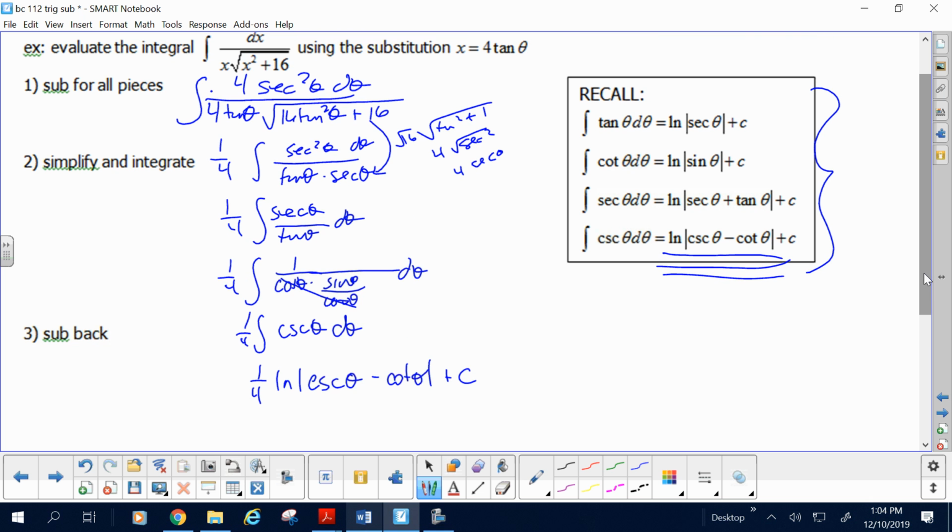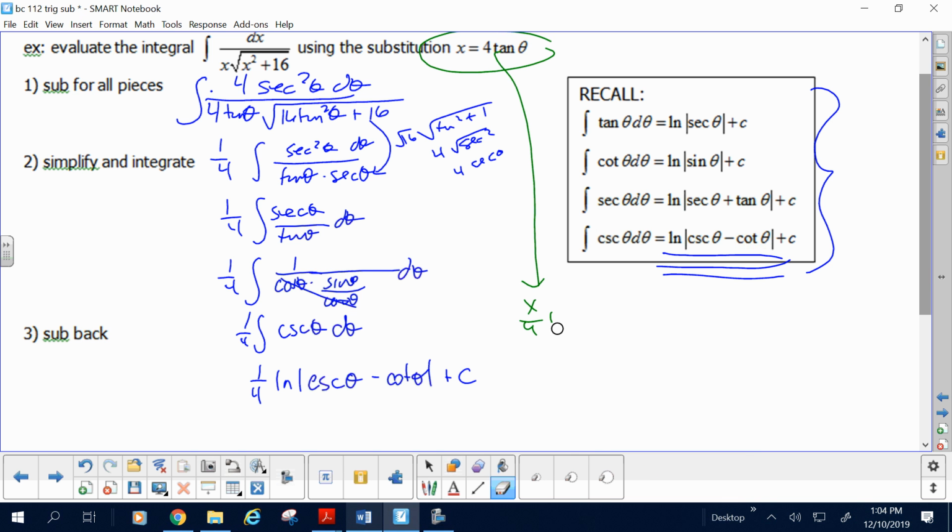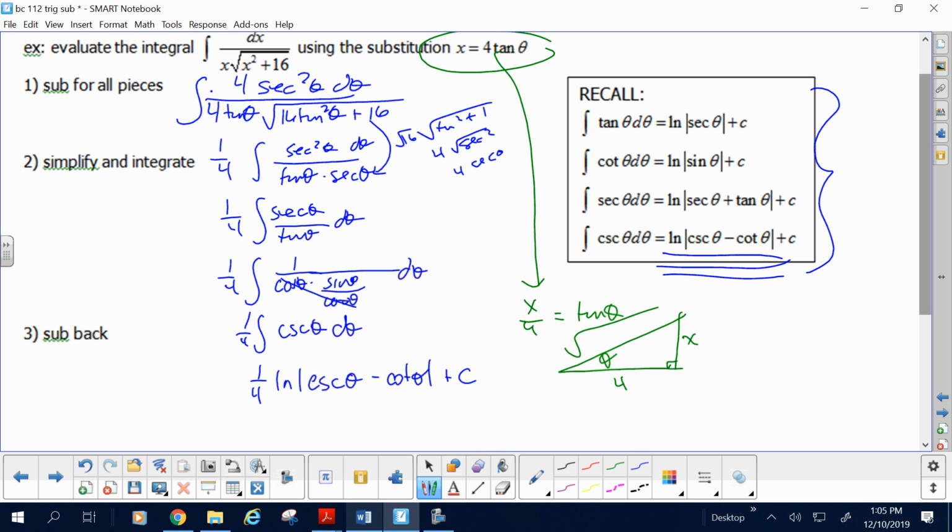Based on x over 4 equals tangent theta, draw a triangle. Theta, obviously, is the angle. Put the x and the 4 in the appropriate place, given that tangent is opposite over adjacent. That leaves us with hypotenuse by Pythagorean theorem, square root of x squared plus 16. That should be all I need to sub back.